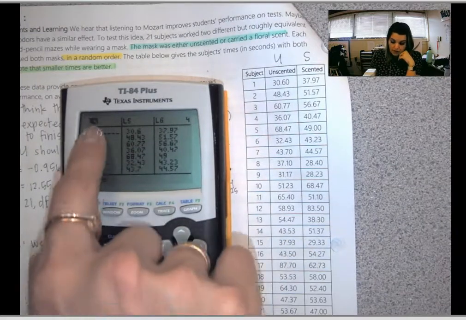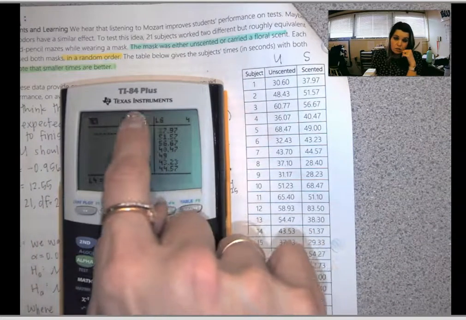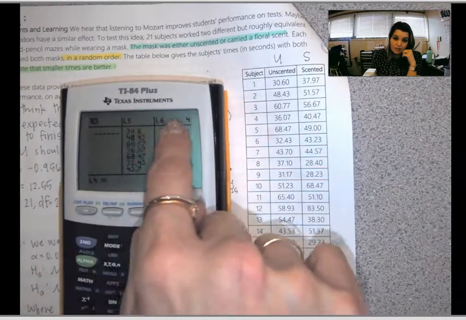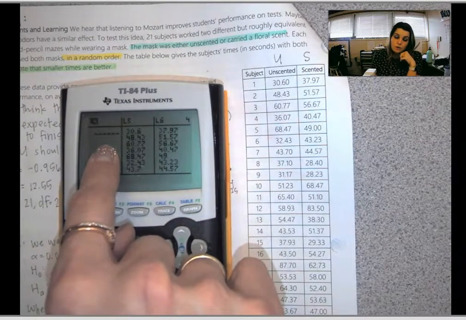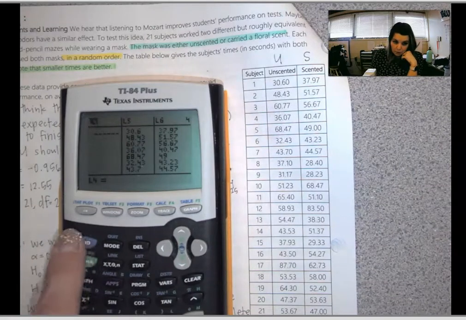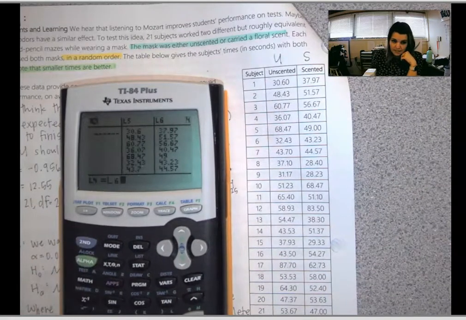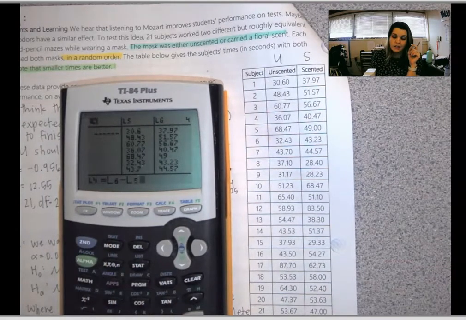So to do that, you would highlight the list that you want to put this in. So these are the two that have our exact data, and now I have a third one that I'm going to use my calculator to find the difference. So I would hit blue button 6, and notice now it says list 6, subtract blue button 5.